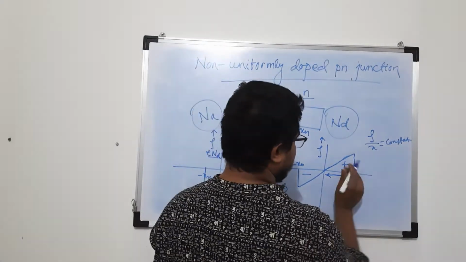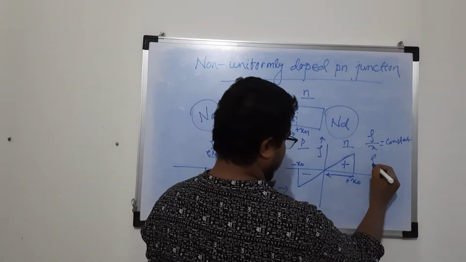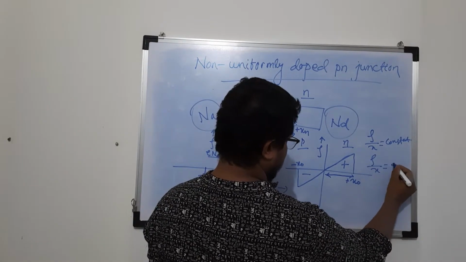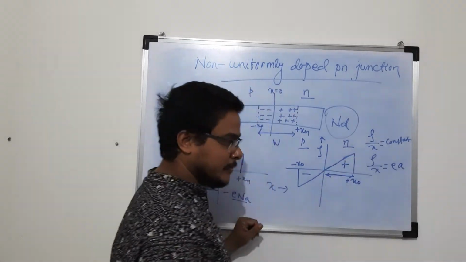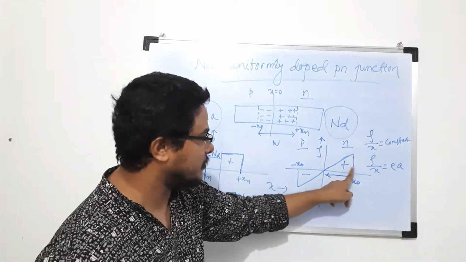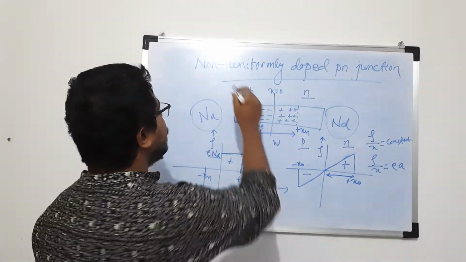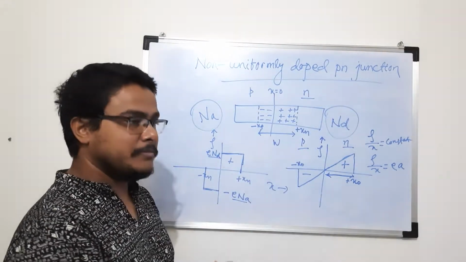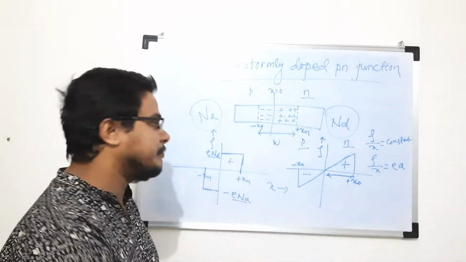What is that constant in the N side and P side? Let us consider plus e as the charge, and a is the rate at which it is increasing. So rho by x you can say is e a, because of the positive charge and a at which it is increasing. So it is actually a linearly increasing function, a linearly graded impurity distribution.